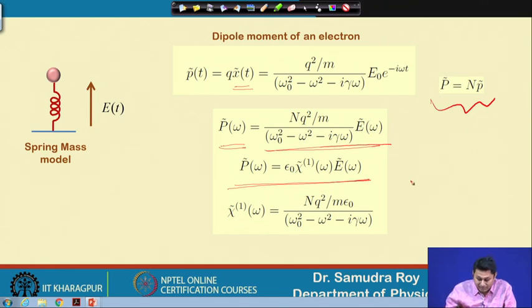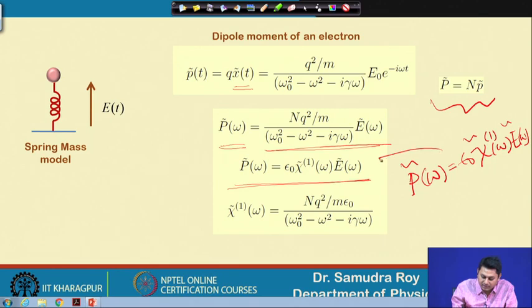We have calculated this in earlier classes: P of omega is equal to epsilon 0 multiplied by the susceptibility, which is again a function of omega, multiplied by E of omega.